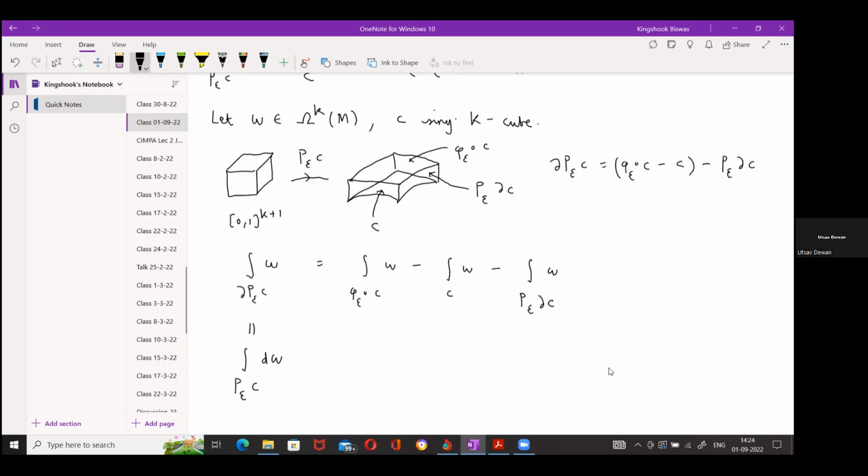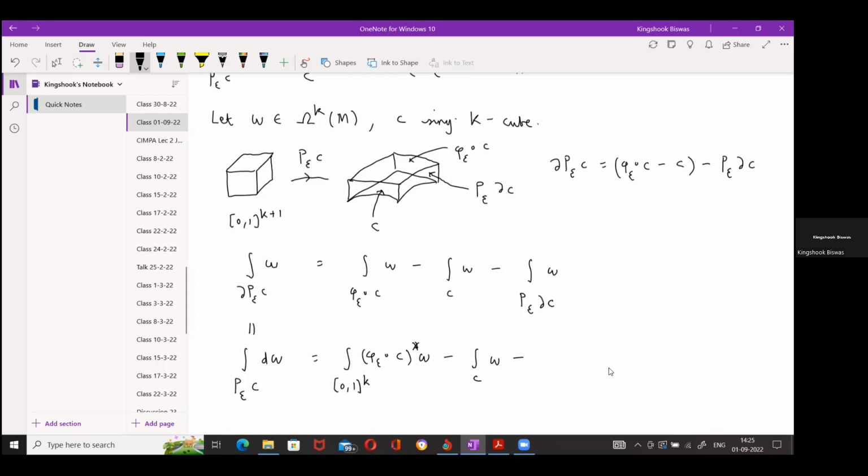And this term, by definition, this is the integral over [0,1] to the k of (phi epsilon composed with C) star of omega, minus the integral over C of omega.